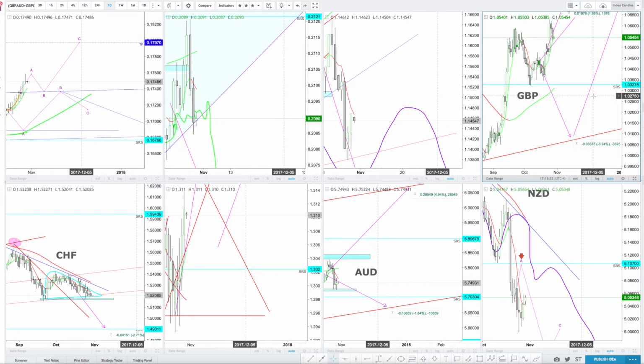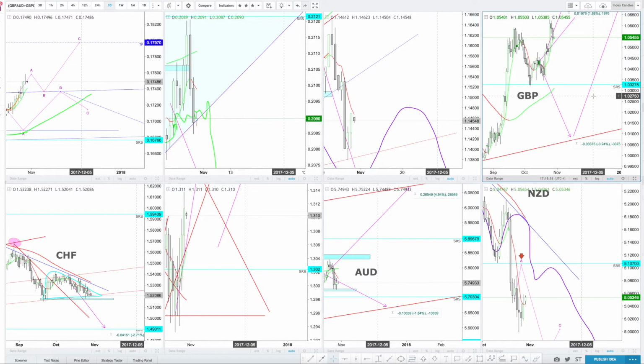Let's see. New Zealand, NZD USD going down, and then we have Euro British pound going down, and then we have Euro Japanese yen going down.